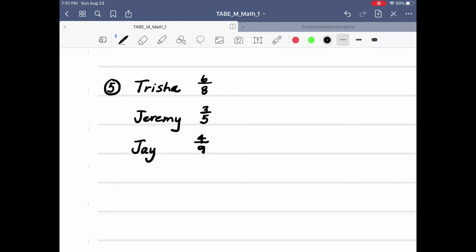Jay is 4/9. And then we're going to compare all of them to Mitchell, who is 15/25. So I'm going to put Mitchell's number down beside all of these so we can compare those. So Mitchell is all of these.